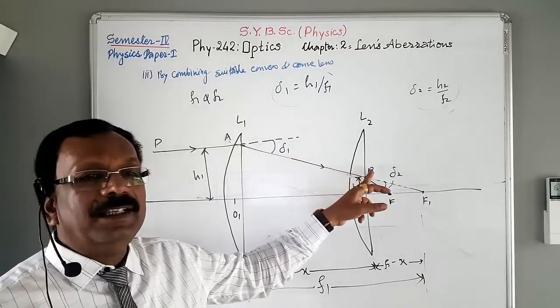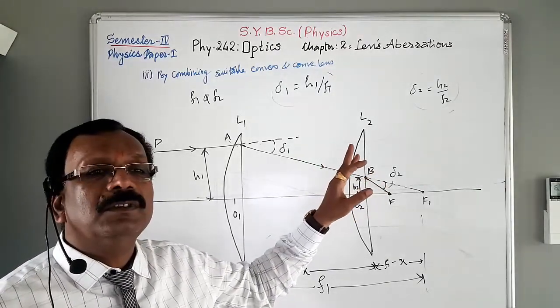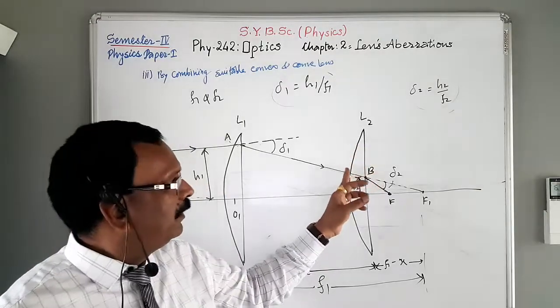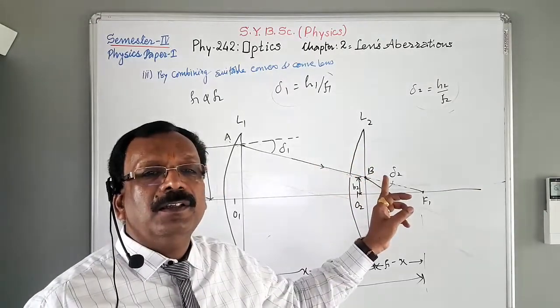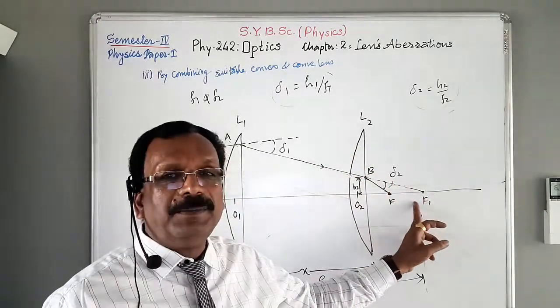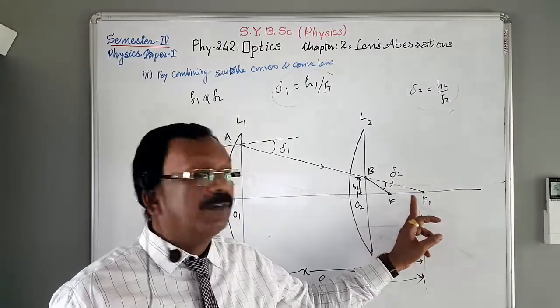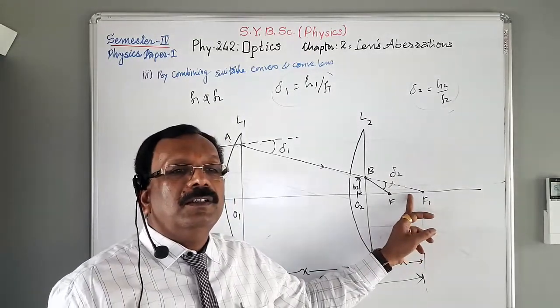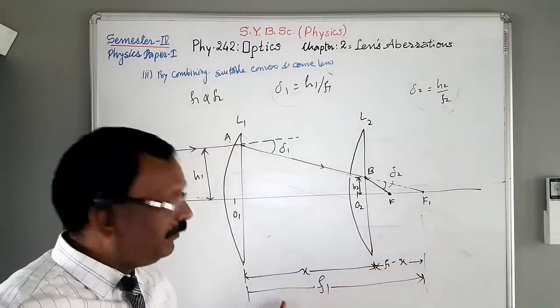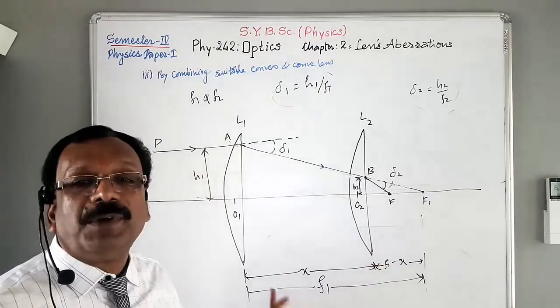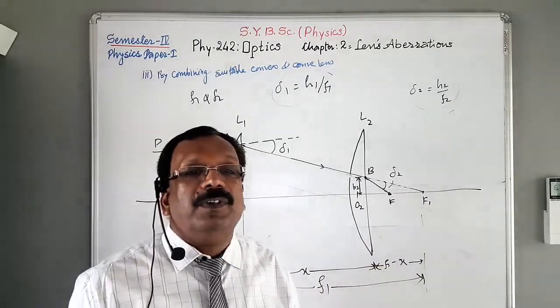In the absence of the second lens L2, the refracted ray AB would meet the principal axis at point F1, which is the principal focus of the first lens L1.